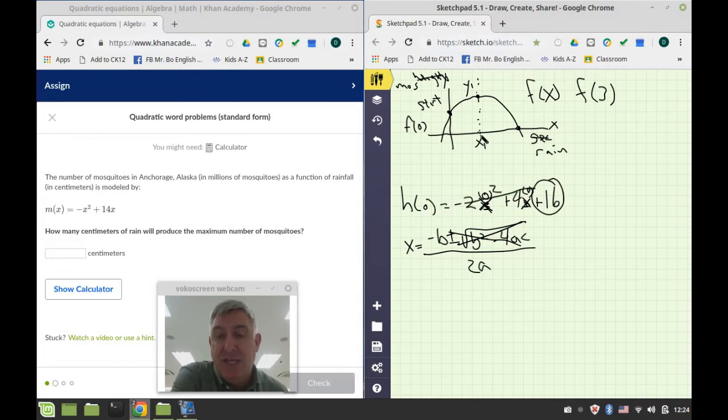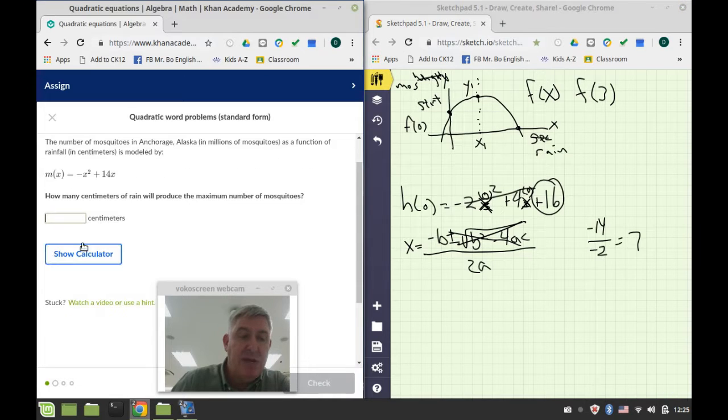We get rid of the plus and the minus, we get the axis of symmetry. So axis of symmetry is negative b over 2a, and so that's negative 14 over negative 2, or 7. So 7 centimeters of rain gives us the maximum number of mosquitoes.